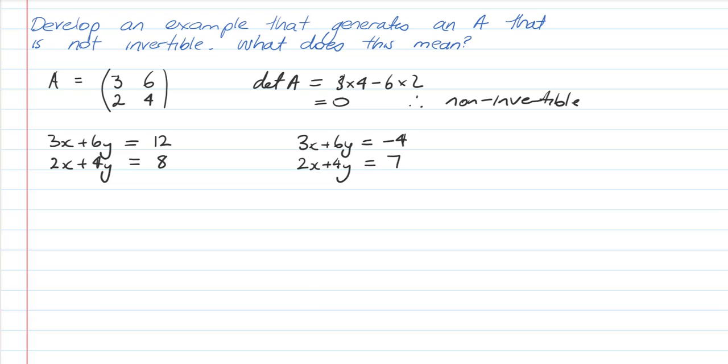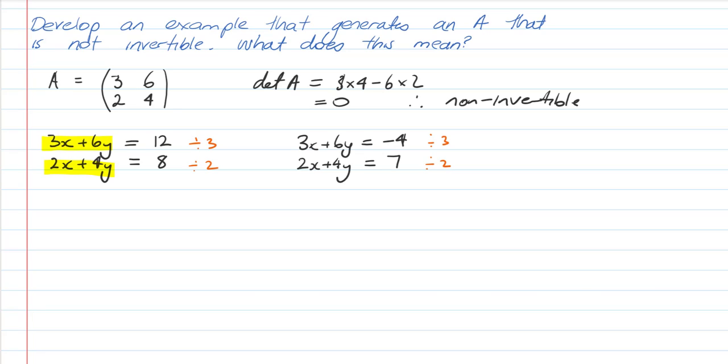Now what I want you to see here is that because we set up a non-invertible matrix, the coefficients there and the coefficients there are actually linearly the same. There are half as many x's as y in both cases. And in fact, I could divide by 3 and then divide by 2. And I could do it over here too.